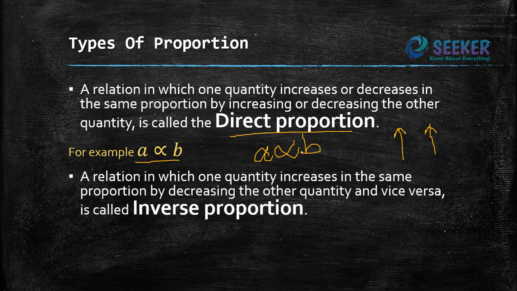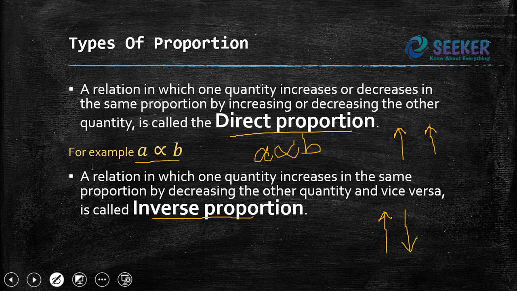And the second type is inverse proportional, a relation in which one quantity increases in the same proportion by decreasing the other quantity, and vice versa. Suppose here we have one quantity that is increasing, but on the other side another quantity is decreasing with the same ratio.